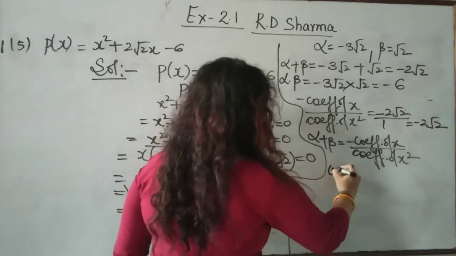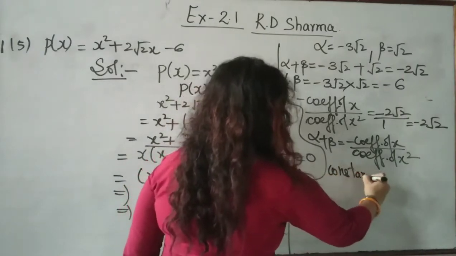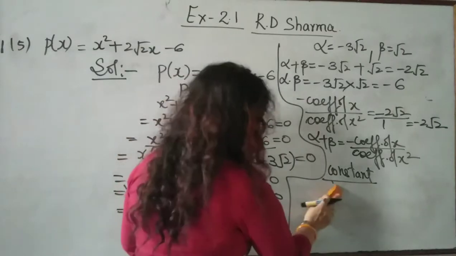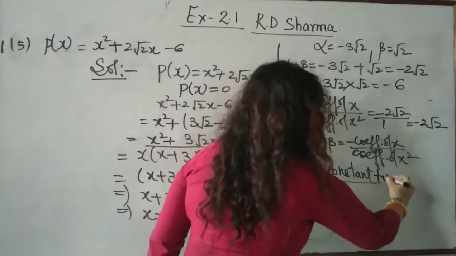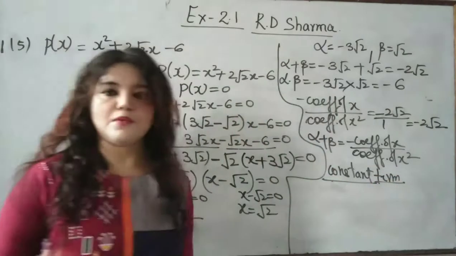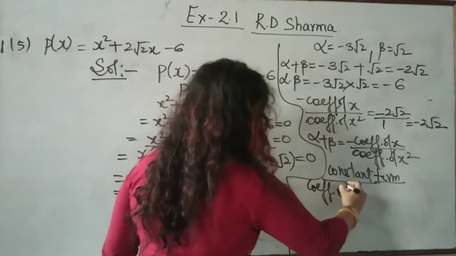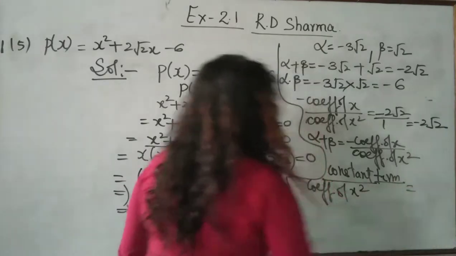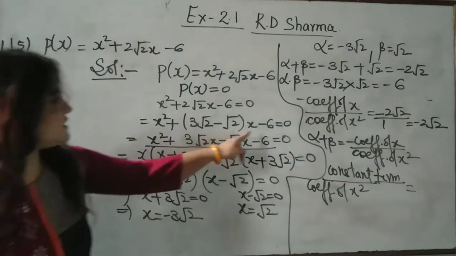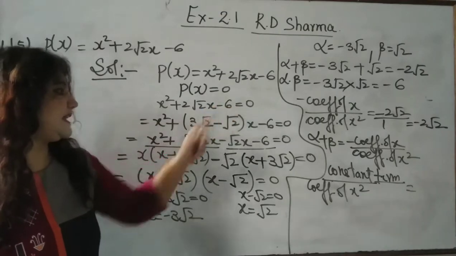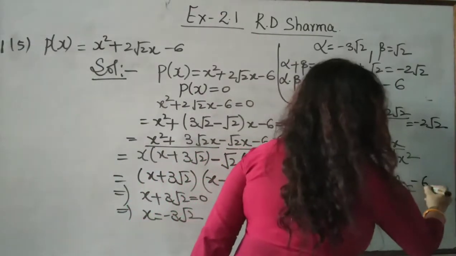Now let's look at the constant term. We will write here constant term upon coefficient of x square. So what is the constant term? See the polynomial. The constant term is minus 6.